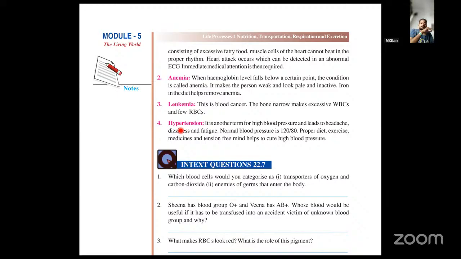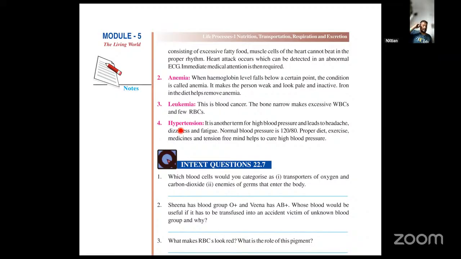So hypertension is a very bad disease, because hypertension means more tension in the walls of arteries. If there is more tension in the wall of the artery, then more pressure will be there, and more pressure can lead to the burst of an artery, which can cause internal bleeding.